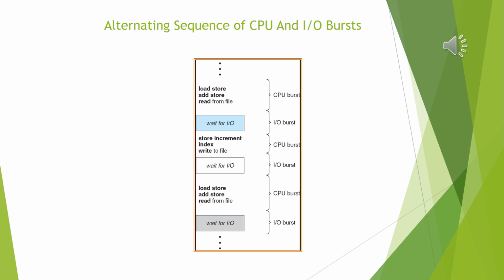It is waiting for a request to occur or to be responded to. Then we have store increment index, then write to file. These are the sequence of read and write, from the running state to the waiting state. This gives a clear example of the alternating sequence of the waiting state and the execution state.